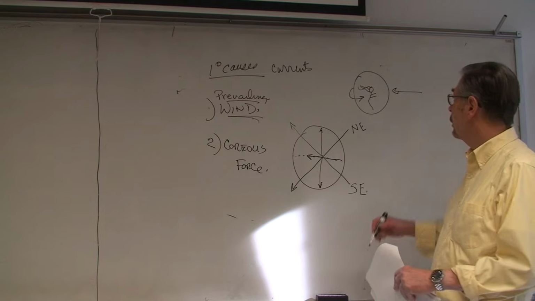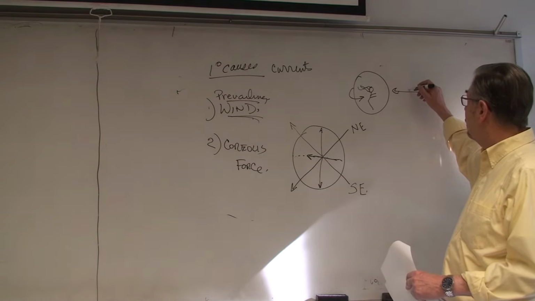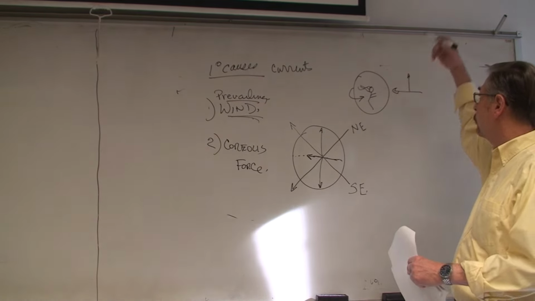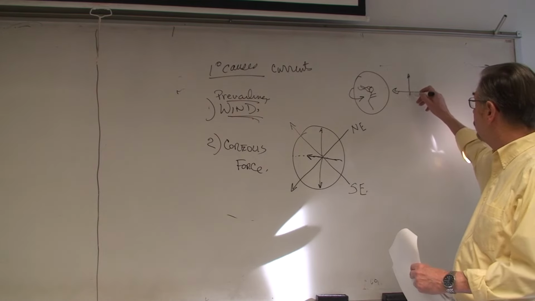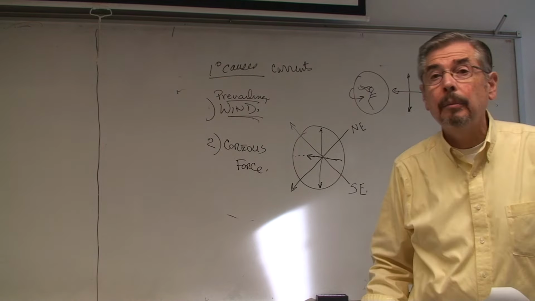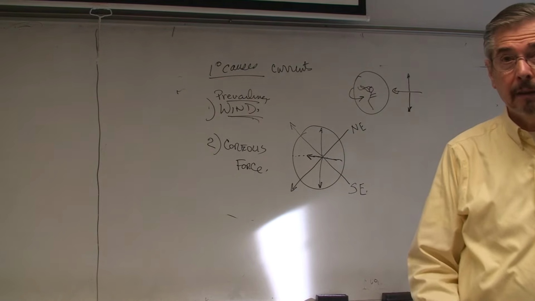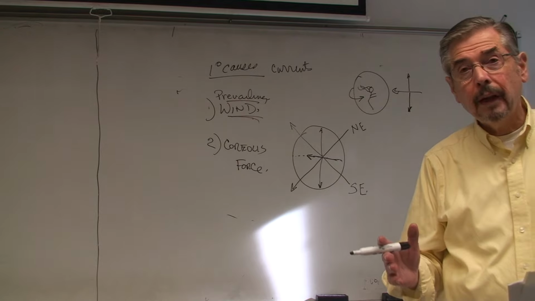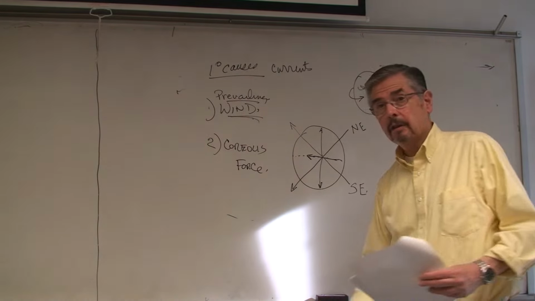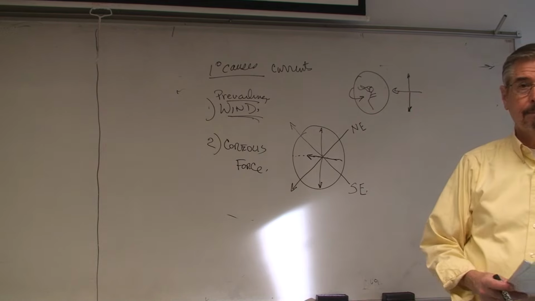Second thing you need to consider is that at the equator, the air warms up and goes up and then sinks down at the poles. So that's another major factor causing the wind. Those two factors resolve into a southeasterly wind and a northeasterly wind. Okay? All right.